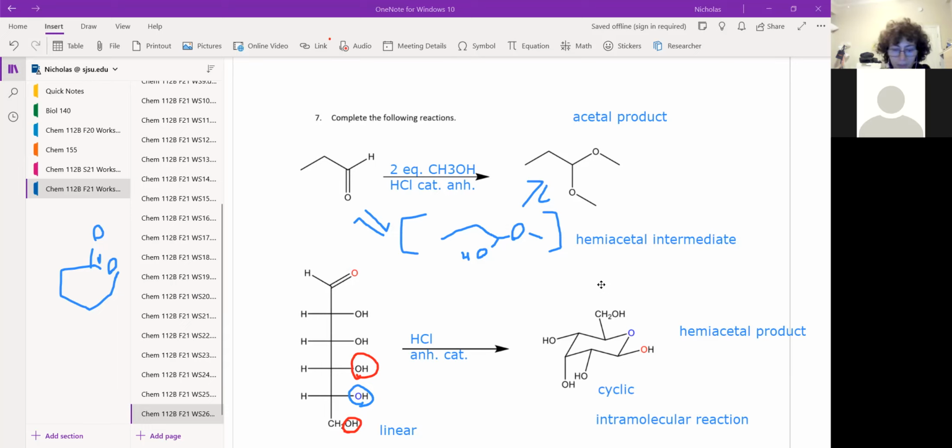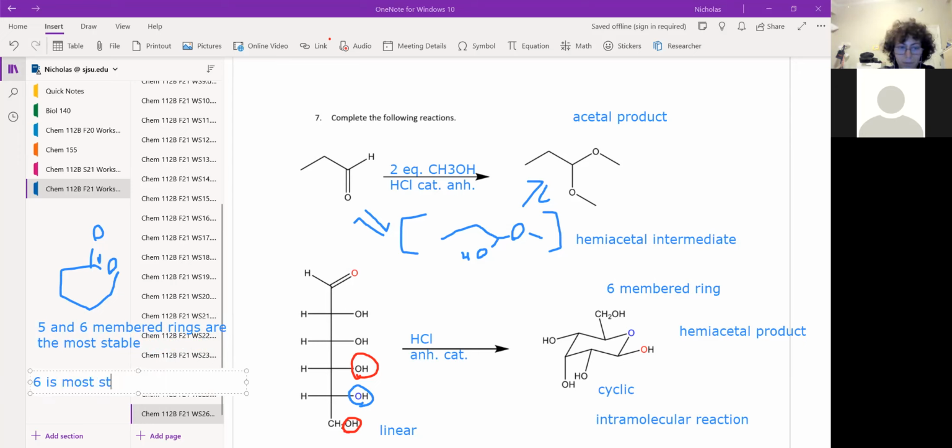And remember, I had on a worksheet maybe 2 weeks ago that 5 and 6-membered rings are the most stable. 6-membered is the very most stable, but 5 is also pretty good. So I showed you the product of this reaction, it gives you a 6-membered ring.